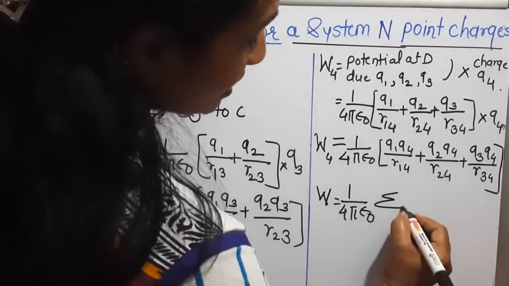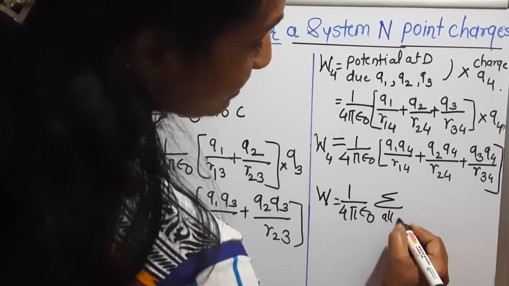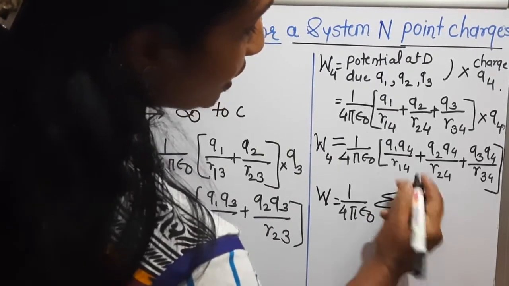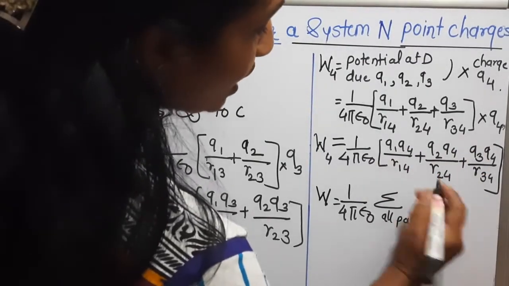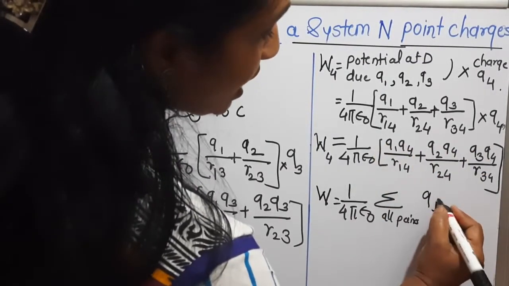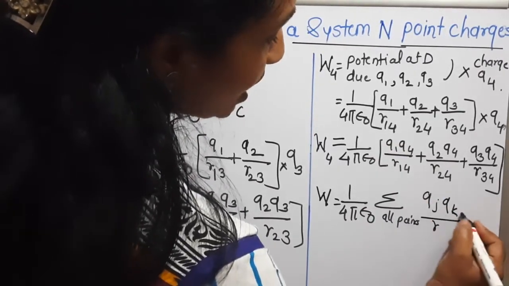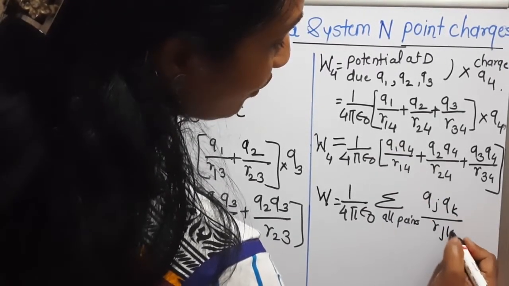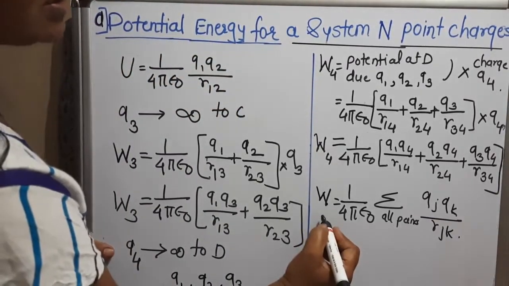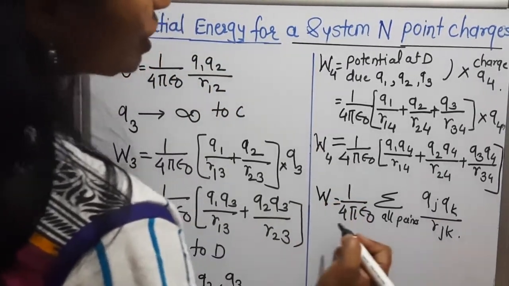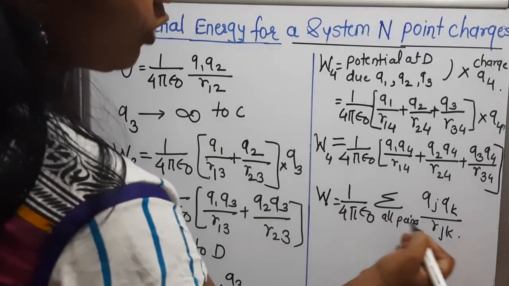So we require the summation over all pairs, with charges Qj and Qk, and Rjk is the distance from j to k. This is the generalized equation for n point charges.